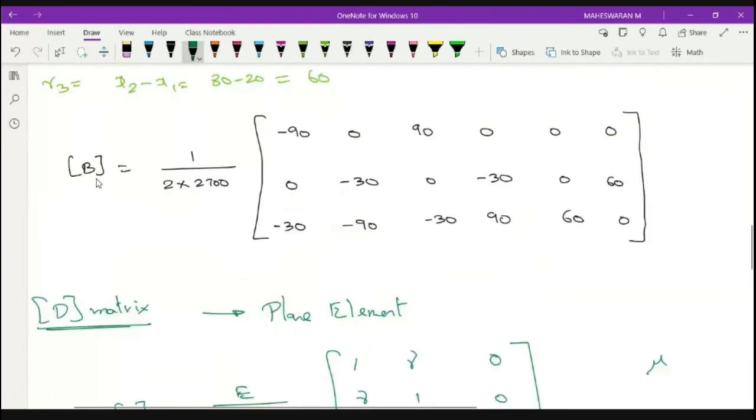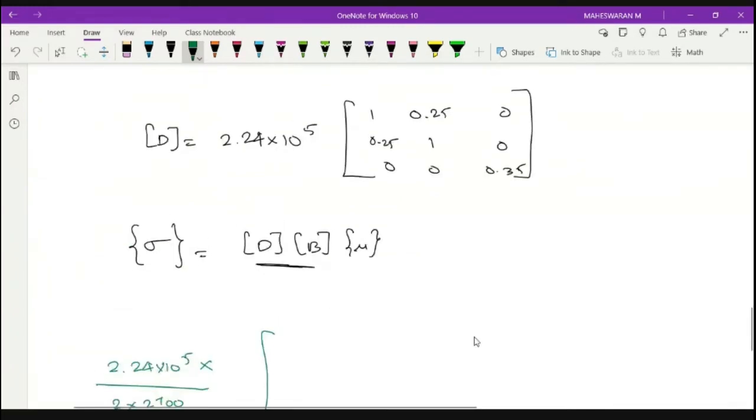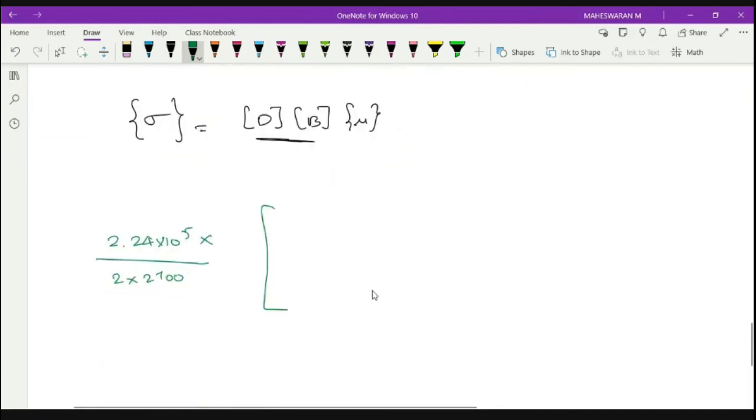For the B matrix, your common term is 1 by 2 into 2700. So this is my common term into the B matrix. The D matrix is 1, 0.25, 0, 0.25, 1, 0, 0, 0, 0.375.